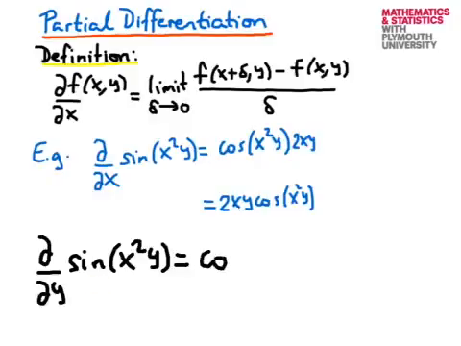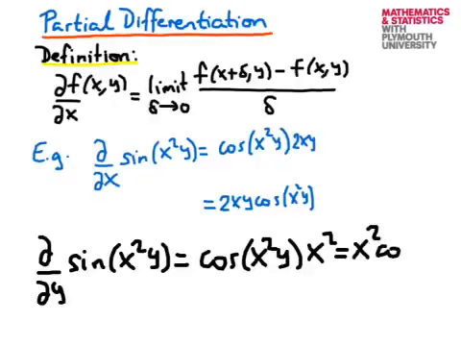So we're going to get the cosine of x squared y multiplied from the chain rule by the derivative of what's in the argument of the function here, and the partial derivative of this with respect to y, x is a constant, is just x squared, because the derivative of y with respect to y is 1. So we're going to get an x squared factor, and I think it's more helpful to write this as x squared times the cosine of x squared y.